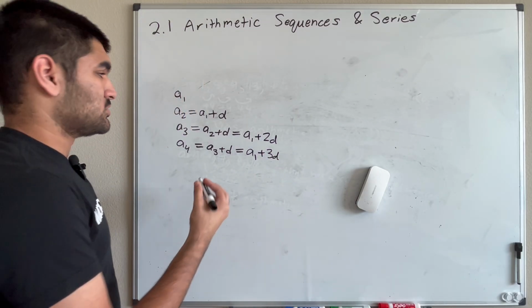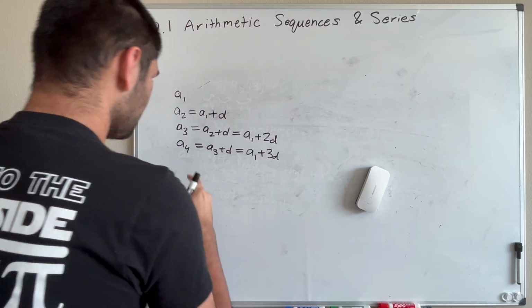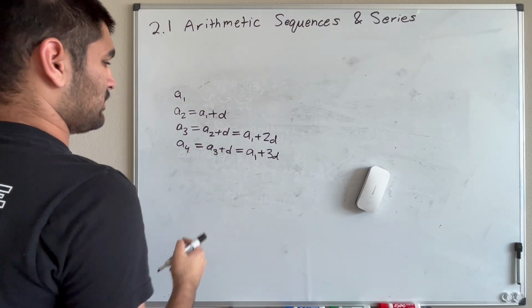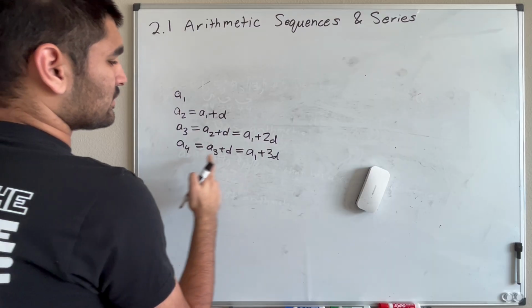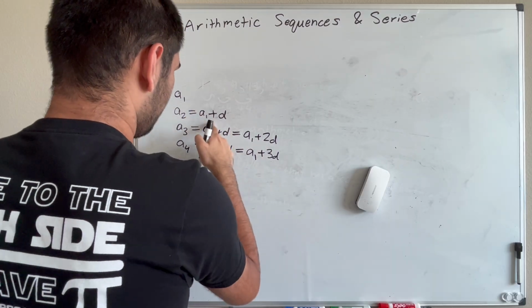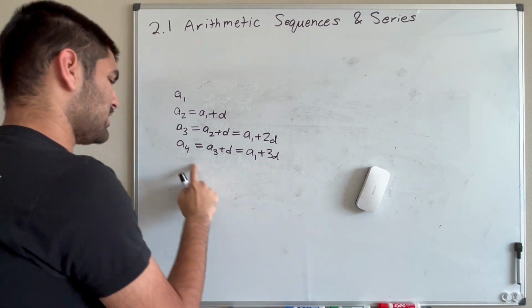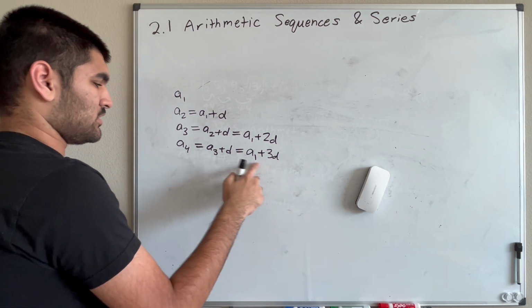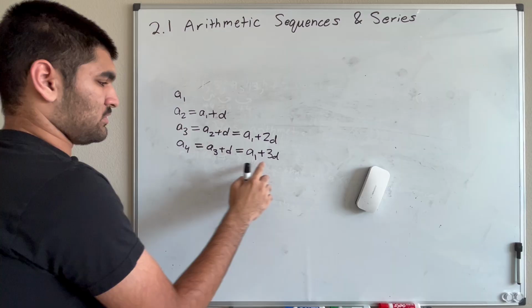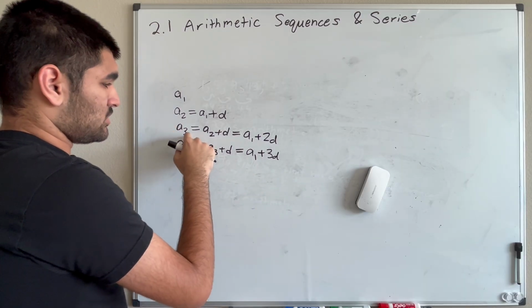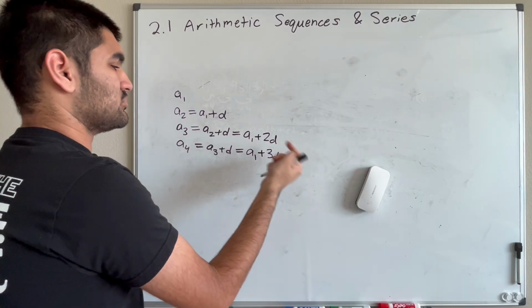So hopefully we can all see a pattern here. First of all, notice how all of these have a1 in them. And secondly, notice how they're all a1 plus some multiple of d, and that multiple of d is exactly 1 less than whatever term it is. For example, here is the fourth term, so it's 4 minus 1, which is 3d. Here is the third term, so the coefficient of d is 3 minus 1, which is 2.